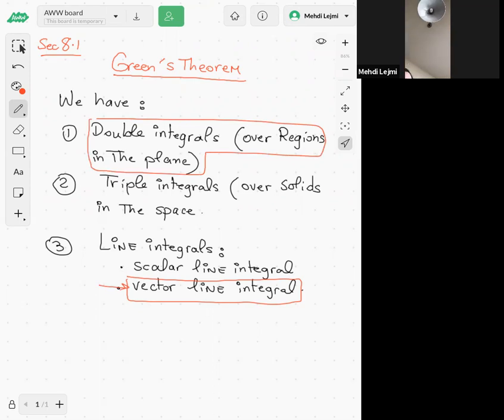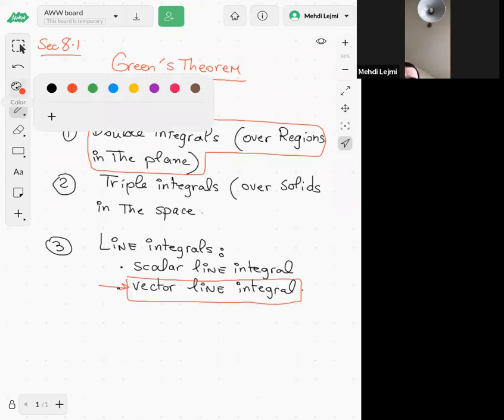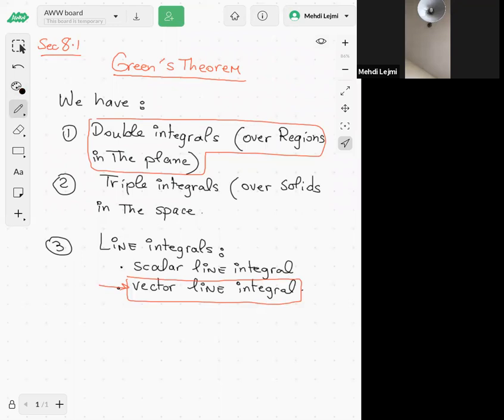Okay, so the line integrals, guys, remember, we integrate along a curve in space or in the plane.